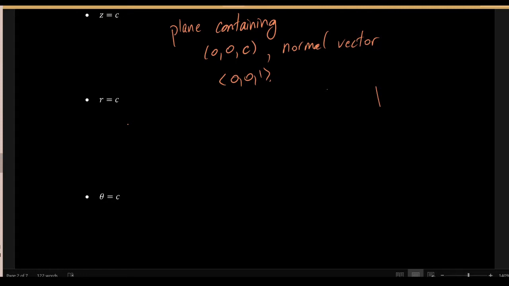R equals c, or if you prefer, the square root of x squared plus y squared equals c. In this case, we know that the value of z is free.